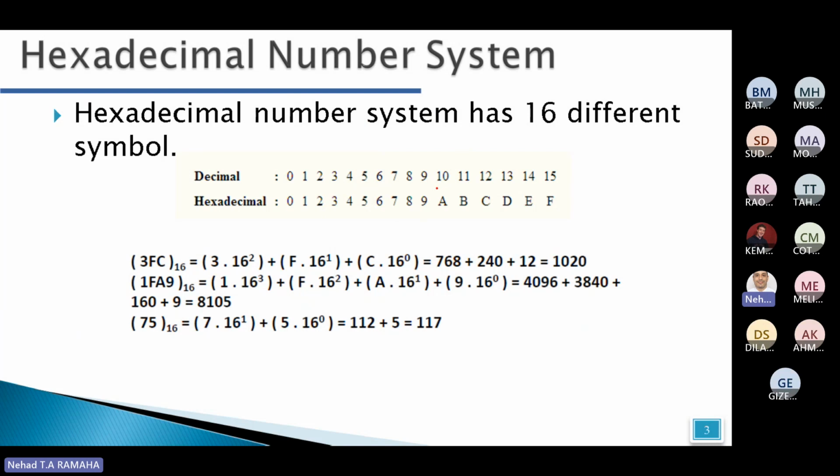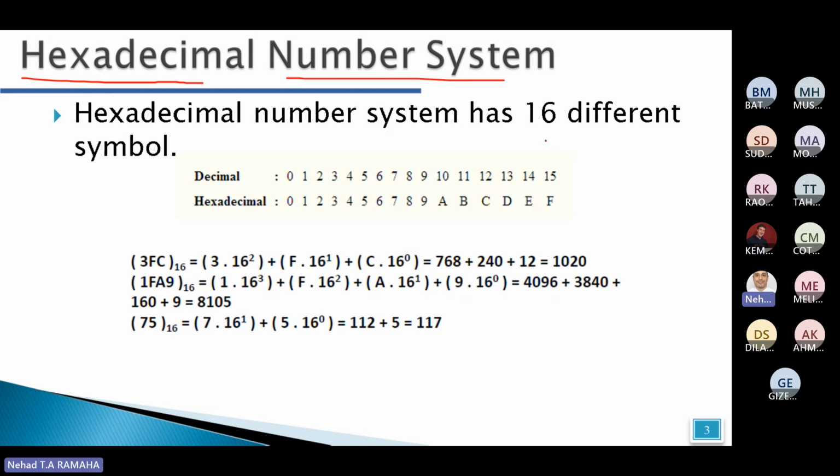We have another numbering system, also used in the computer, especially in operating systems, which is the hexadecimal numbering system.